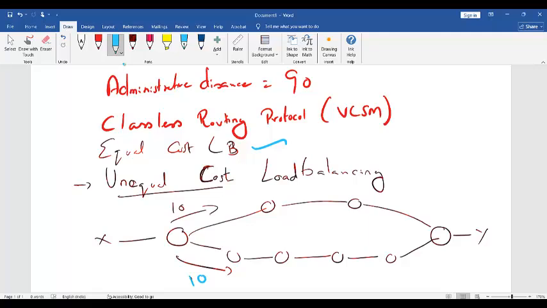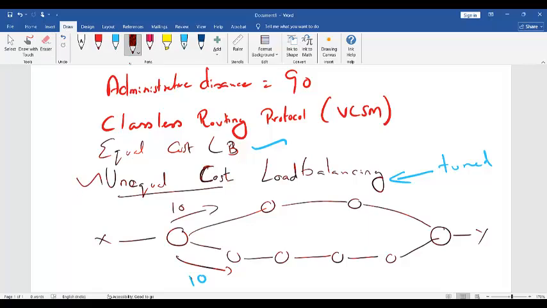Even in EIGRP, it is by default supported. But this one is not supported in any other protocol. EIGRP alone can be tuned. Again, it needs to be tuned. It needs to be configured. By default, it is not enabled, but can be enabled.